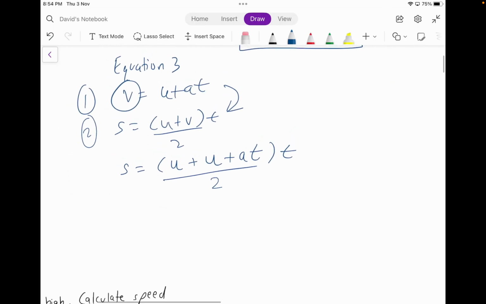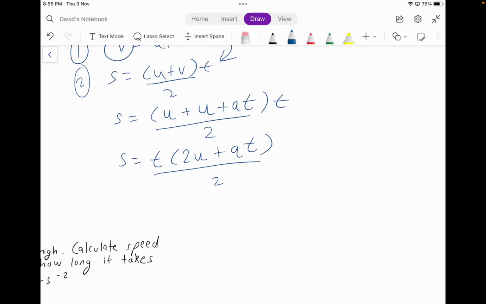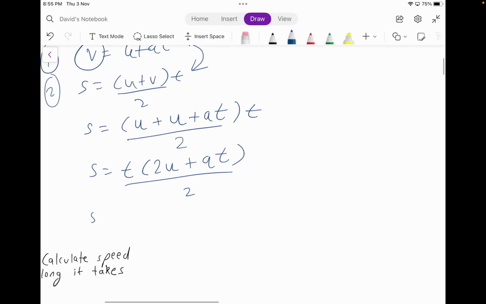Once you expand the brackets, you're going to get t times (2u plus at) divided by 2. Let's analyze this. It's going to give you s equals (2ut plus at squared) divided by 2.